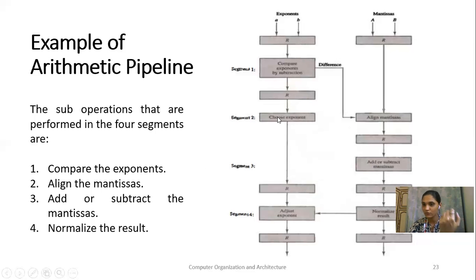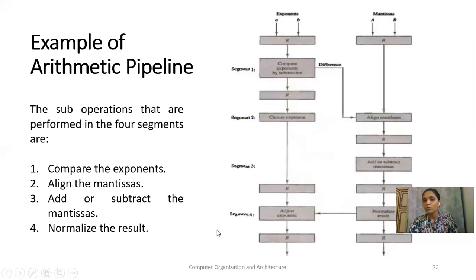In the third segment we are going to do addition or subtraction of these two Mantissa terms, and the result is going to be stored into this R register. So your resulting Mantissa is stored in R, and the exponent is stored in the other R.